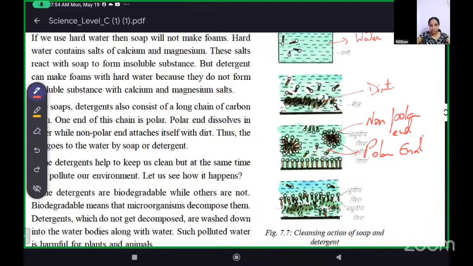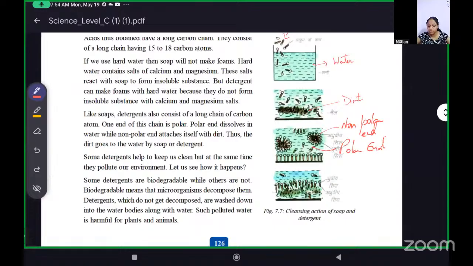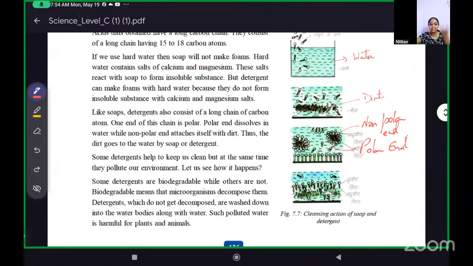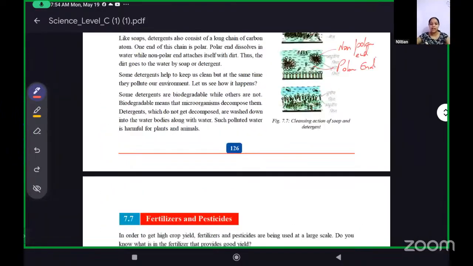What happens to this polar and non-polar end? The dirt attaches itself to the non-polar end, while the polar end dissolves in water. So that is how these soap particles work.